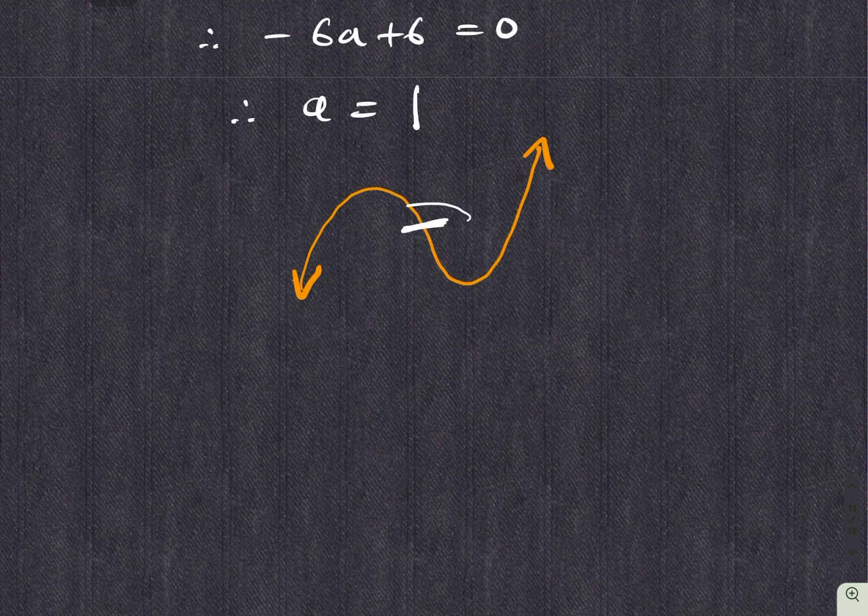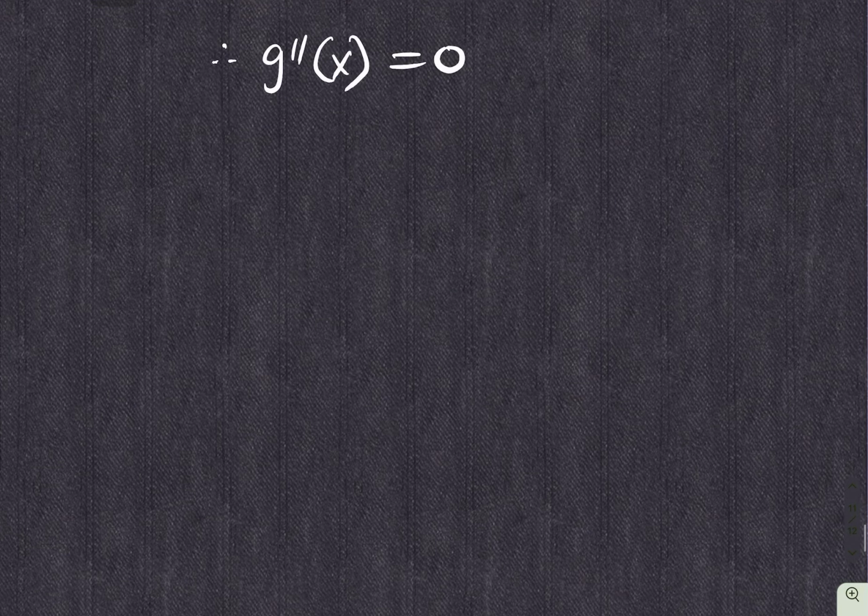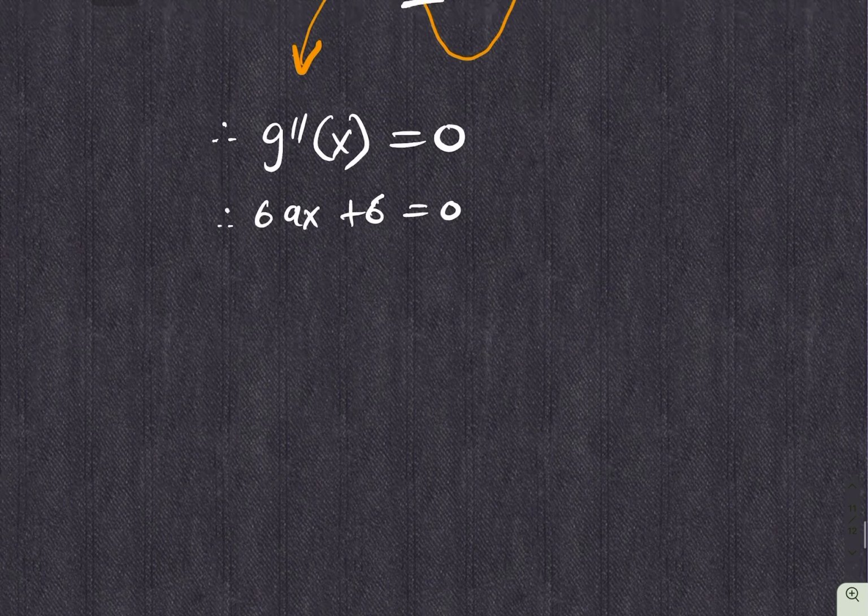So this point of inflection, that is where the second derivative is equal to 0. But you found that stuff to be this one. So I'm going to say therefore 6ax plus 6 is equal to 0, but a is 1.